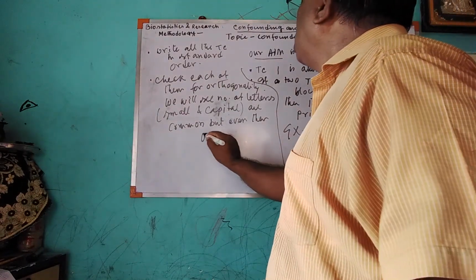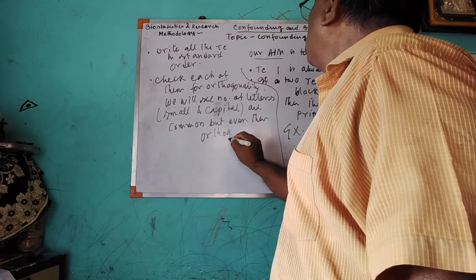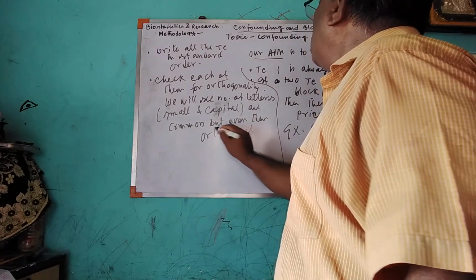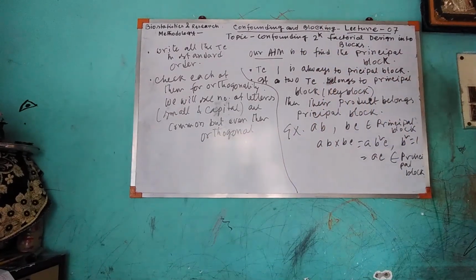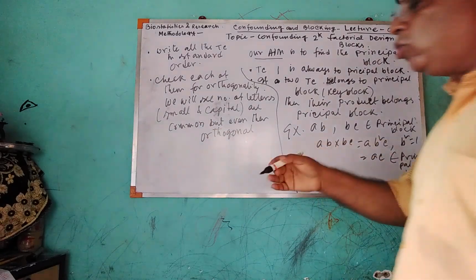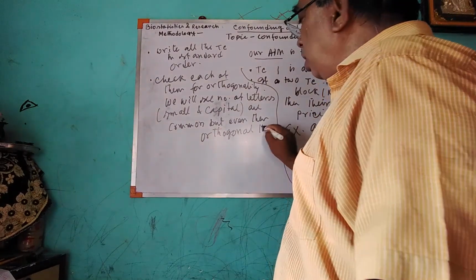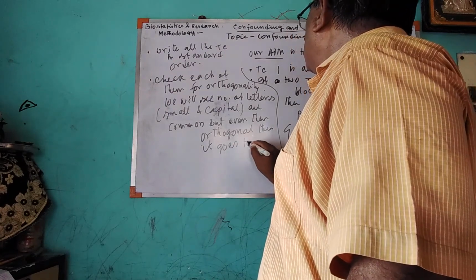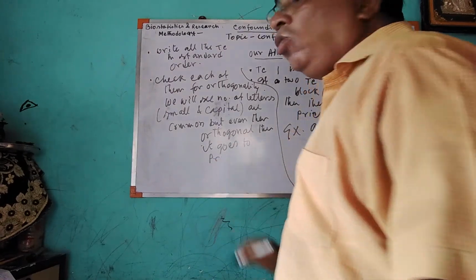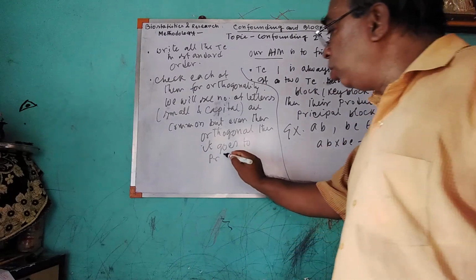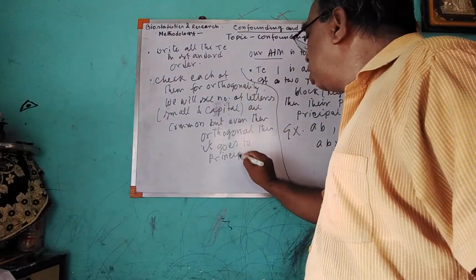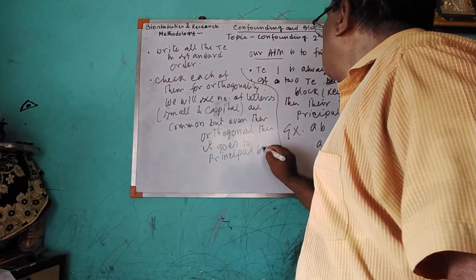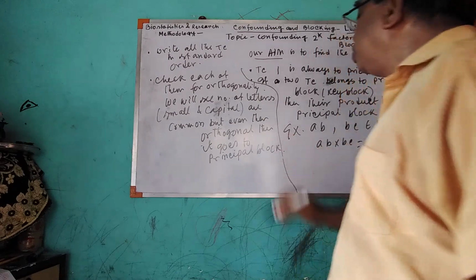If it is orthogonal, then it goes to the principal block. These are the rules.